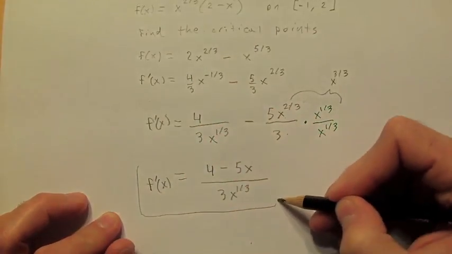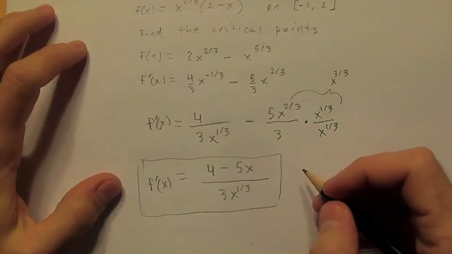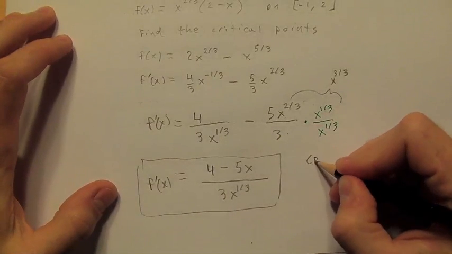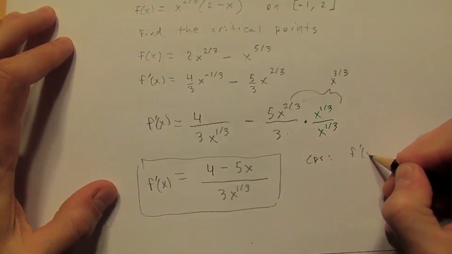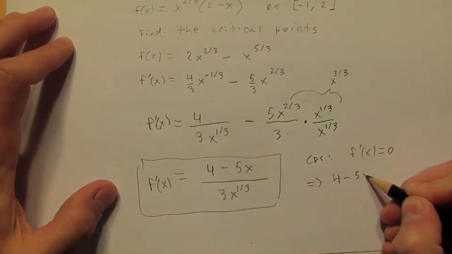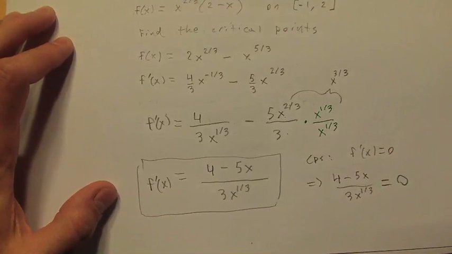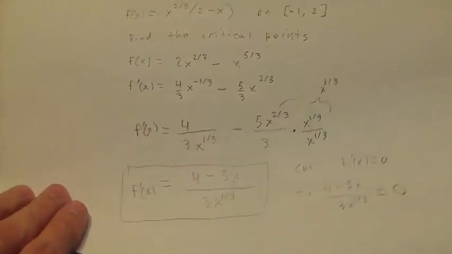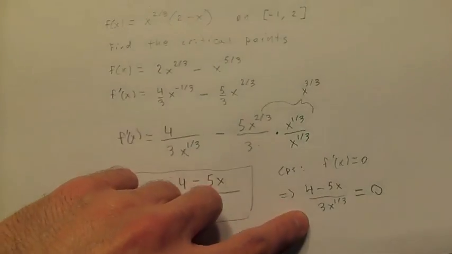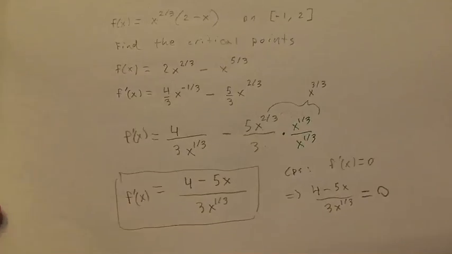Now you might wonder why I did all that work, and it's because now I have two things I'm going to want to do to find critical points. First of all, for critical points, the first one is f prime of x equals 0. So this is going to be 4 minus 5x all over 3x to the 1/3 is equal to 0. Well, the only time a fraction is ever equal to 0 is if the top is equal to 0 and the bottom is not.